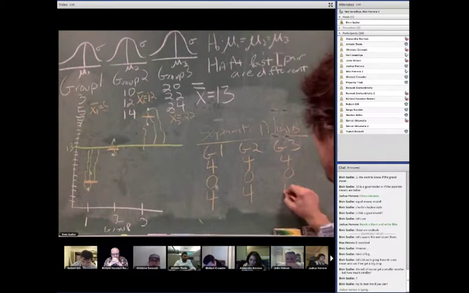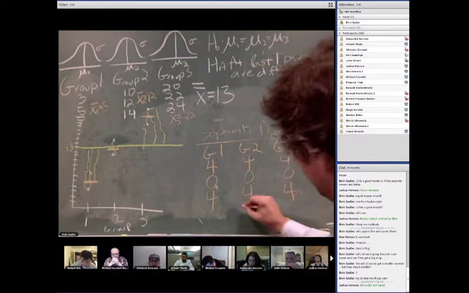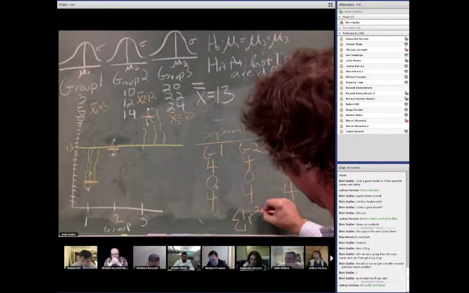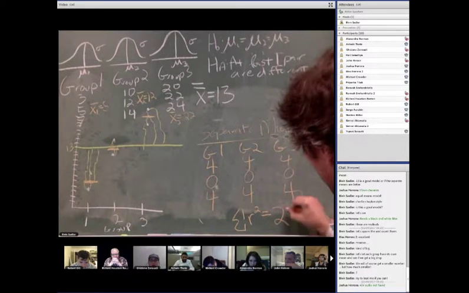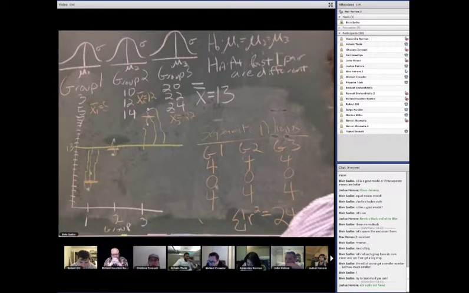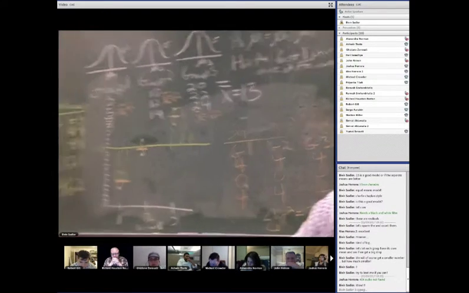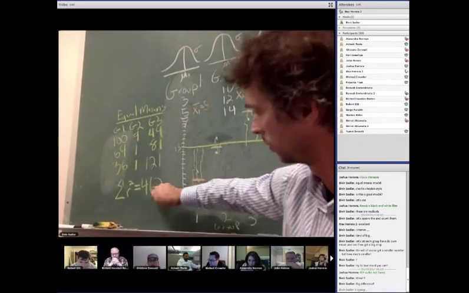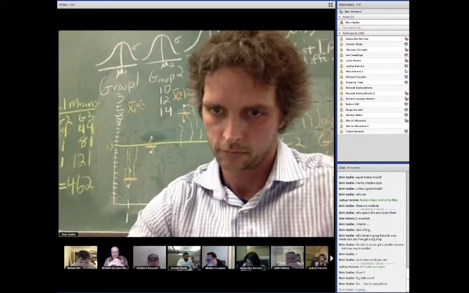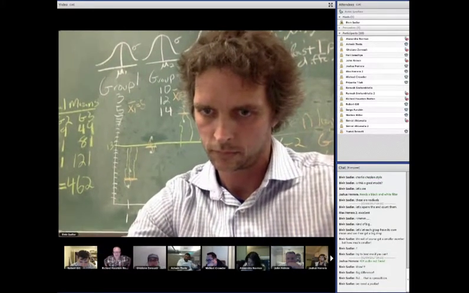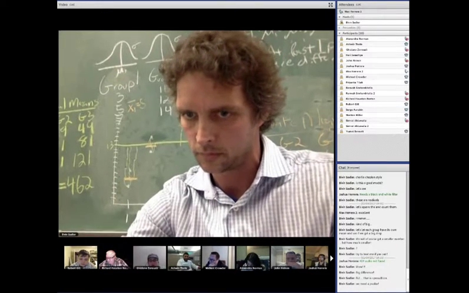And then the sum of all that is 24. Yeah, it's huge, a big difference between them. You'd expect them to be the same if they were equal. So we've got to divide those by the degrees of freedom.